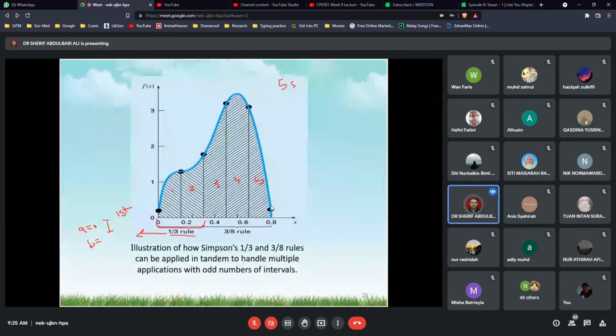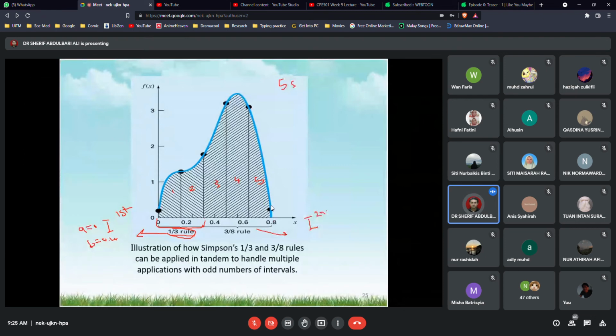Then we will go for the 3/8 rule, starting from 0.4 to 0.8. This is going to create the second integral.